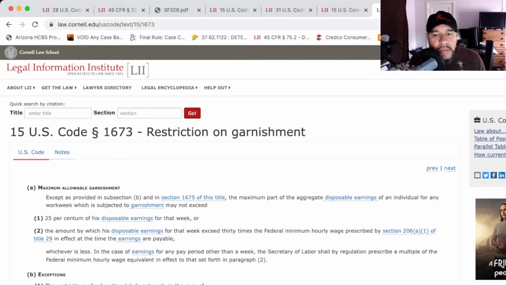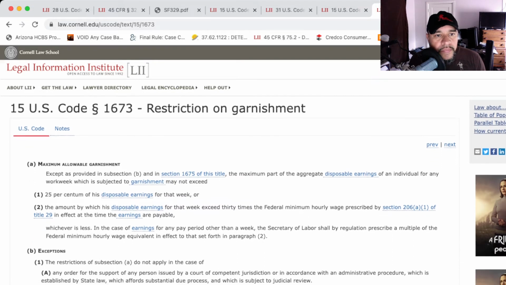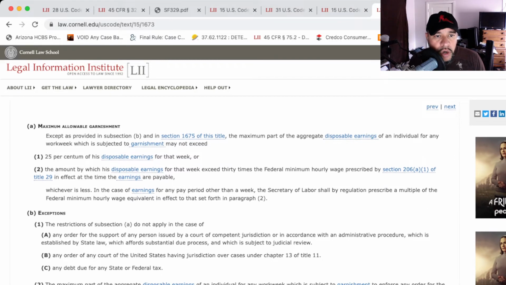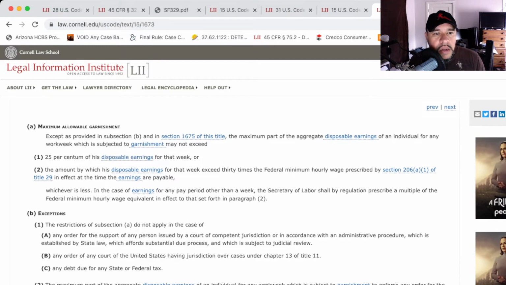And this is about the amounts. 25 percentum of the disposable earnings. Okay, remember we looked at that before, right? So I know that there's some guys being taken for 50, for 60%, and all that. And this isn't so much about you complying.